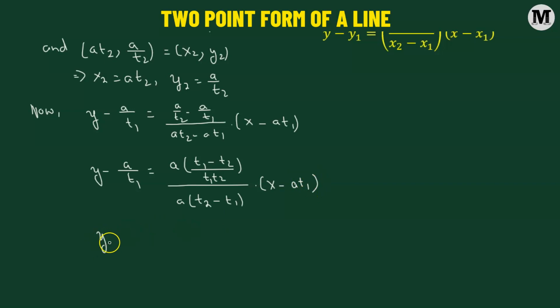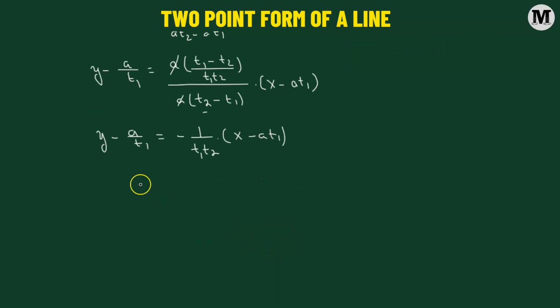So that gives us y minus a over t1. We can factor out a from the numerator and denominator. We can also factor out t1 minus t2 from the numerator and denominator. However, in the denominator, we have t2 minus t1. So that means we'll have a negative as the common factor. We have negative 1 over t1 times t2, whole multiplied by x minus a t1.